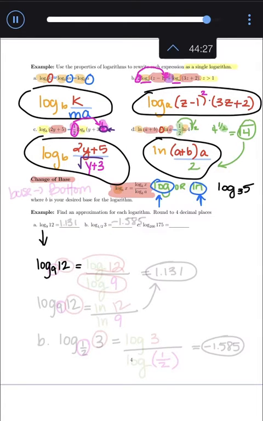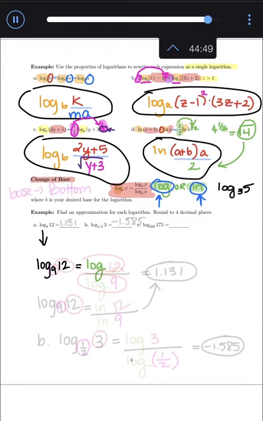You can rewrite it as either the log base 10, the LOG, or the natural log. It doesn't matter which. The reason we want to use those two is because they are on our calculator. So just to show you, I'm going to use the LOG, the log base 10 first.